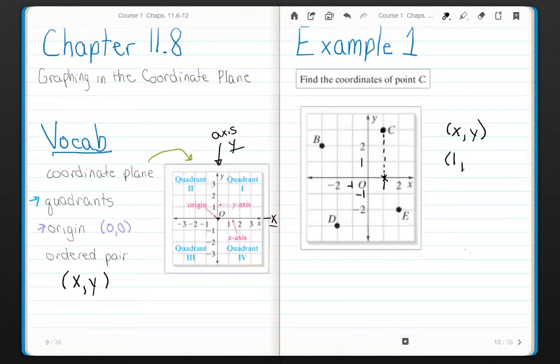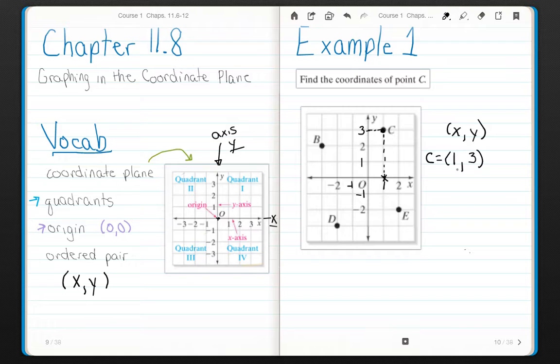So 1 is my x-coordinate. If I follow C this way, it crosses the y-axis at 3. So the coordinate pair for C is 1, 3.